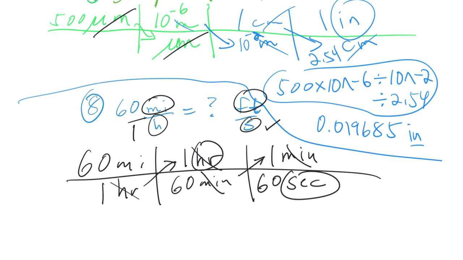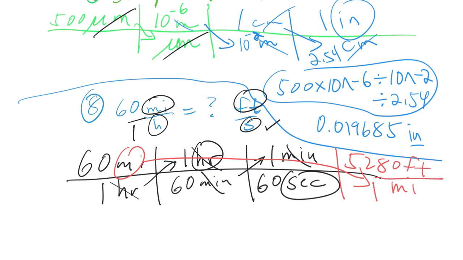Now, if you look at the table that I keep on printing out, what I'm going to do is bring miles down across everything. And so 1 mile is 5280 feet. You can look that up on the conversion chart. And now these cross out, and I'm left with feet per second.